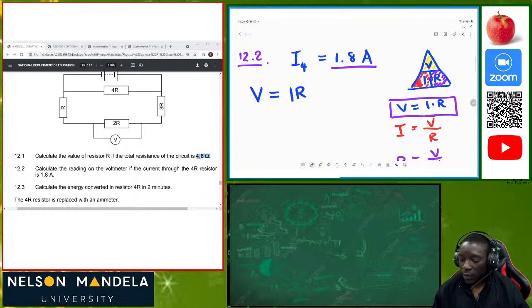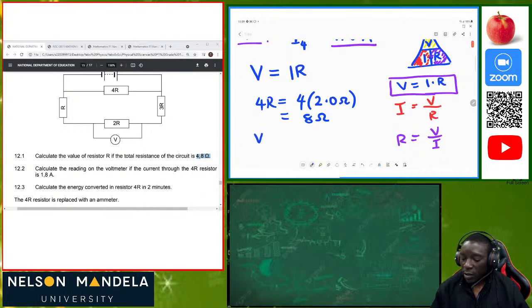So the value of 4R is equal to 4 times 2 ohms. Don't forget we said R is 2 ohms, which is 8 ohms.